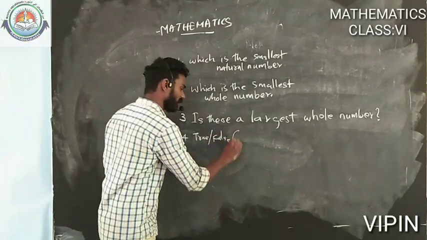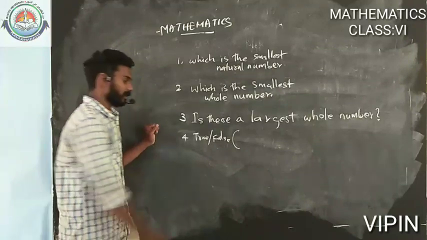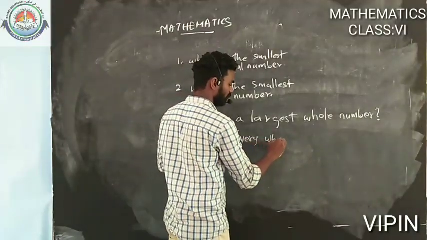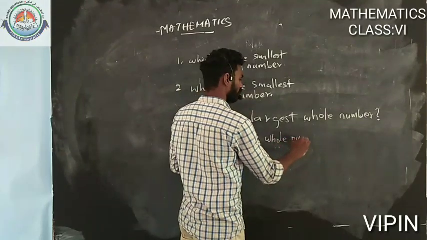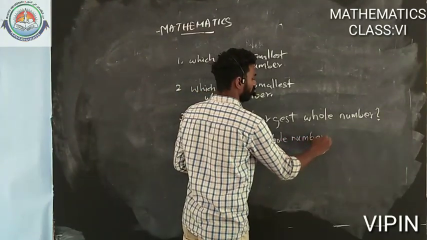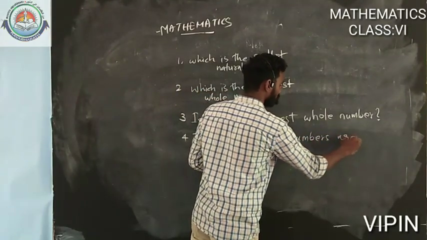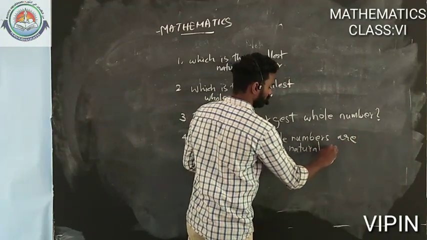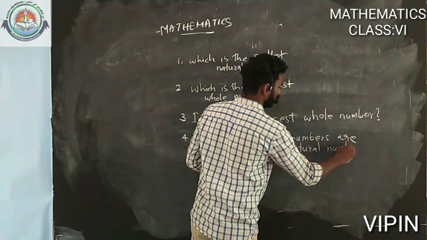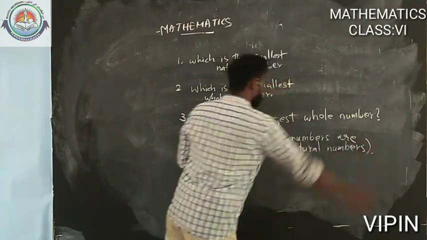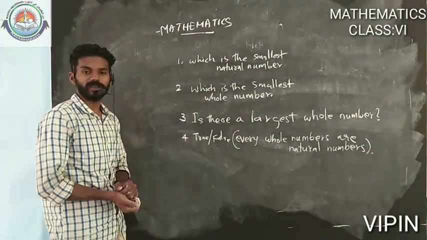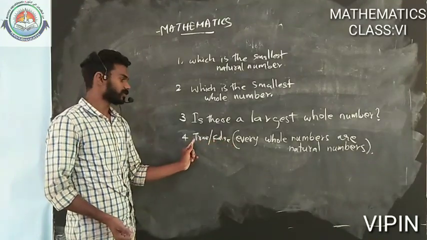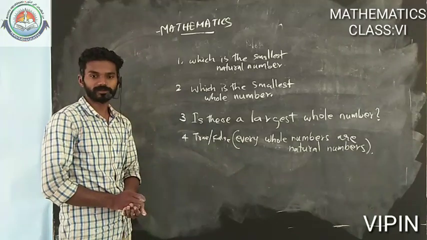And the statement is, every whole number is a natural number. This is the statement, and you should state whether the statement is true or false.